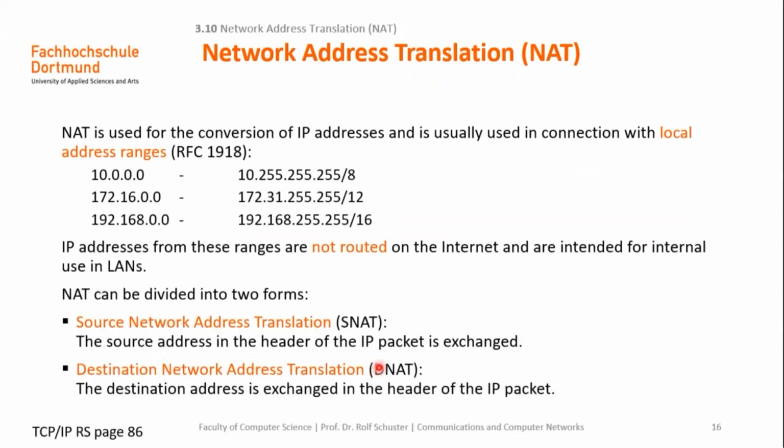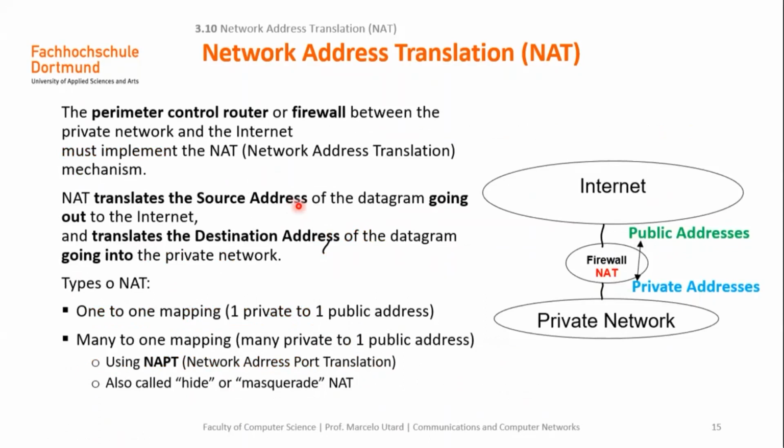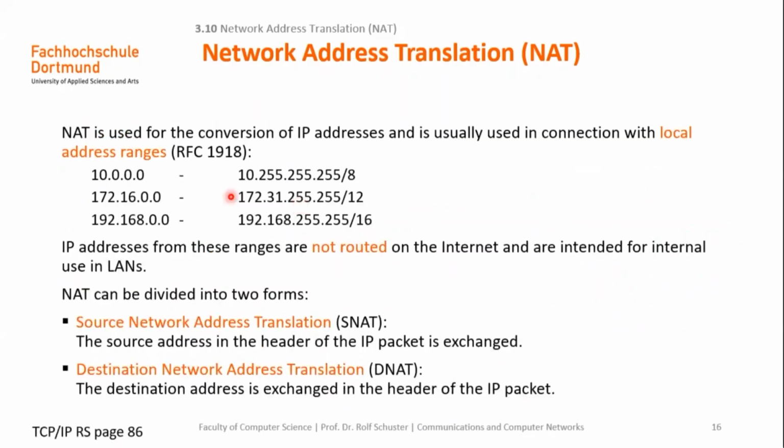Well, then remember, in the private network, we could assign addresses from those ranges defined in RFC 1918. That is, the addresses that use the net number 10, or the net numbers starting with 172.16, or the net numbers that start with 192.168.